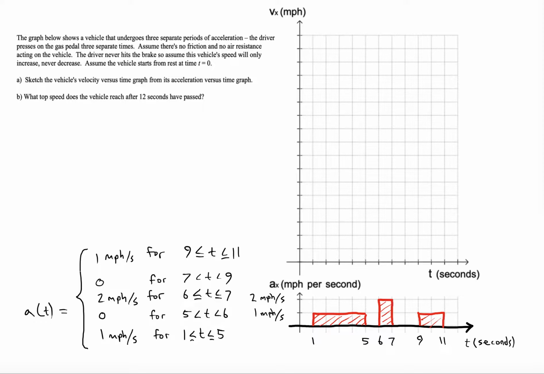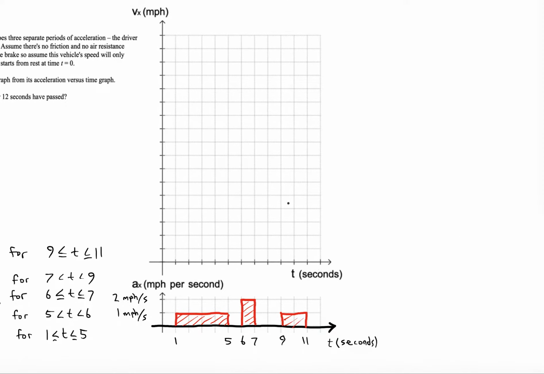We now want to anti-differentiate. Because see, we always have this stack of graphs where the acceleration is the second derivative, the velocity is the first derivative, and then the position is often the original function that we're talking about.